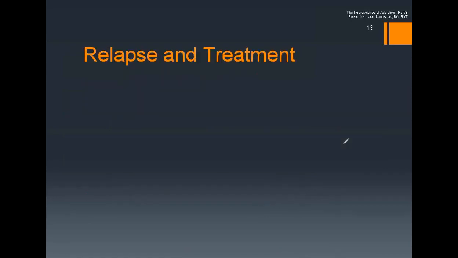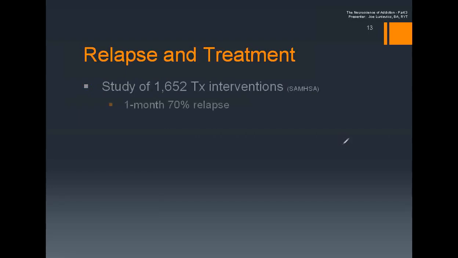So what are the numbers on relapse and treatment? Strap yourselves in, put your seatbelts on, because these numbers are interesting. Never trust anybody who says the word interesting after statistics have been mentioned. A study of 1,652 treatment interventions from SAMHSA: at 1 month, 70% relapse; at 6 months, 87% relapse.